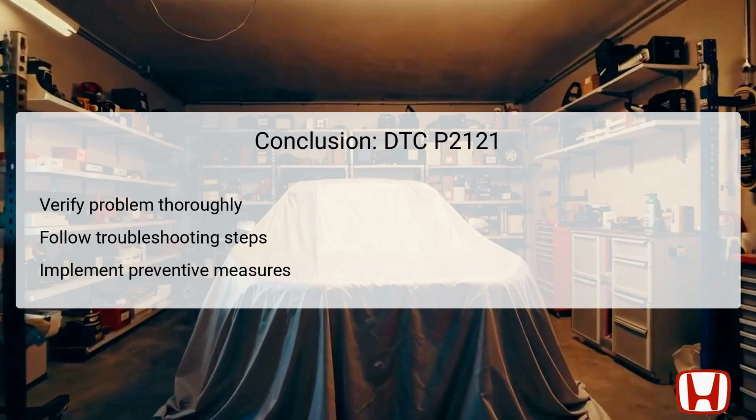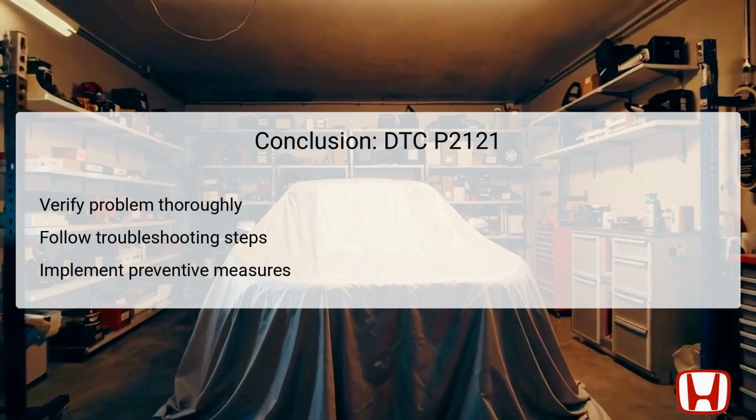In conclusion, dealing with DTC P2121 requires a systematic approach to troubleshooting, ensuring accurate voltage readings from the APP sensor. Following the detailed steps outlined can help identify any potential faults in the sensor, wiring, or the PCM itself.